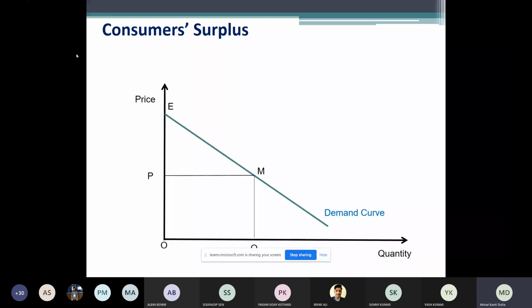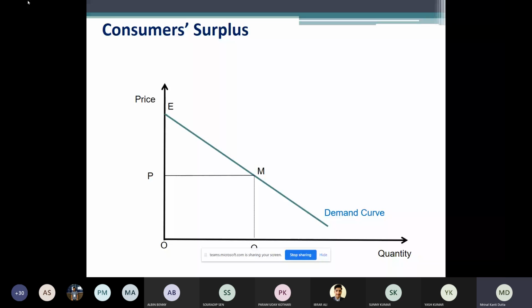So that means the portion above P and below the demand curve, basically the triangle EMP, represents the total of the excess that the consumer is prepared to pay, but is not paying, as he ends up paying OP for the total quantity of OQ.